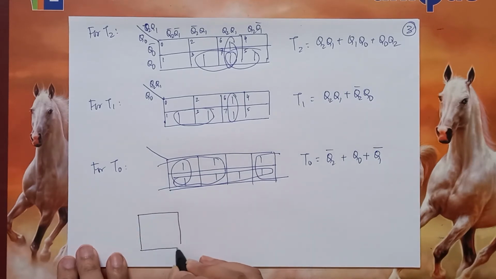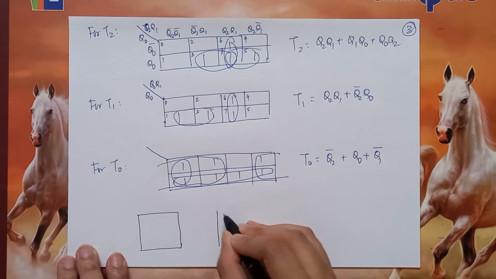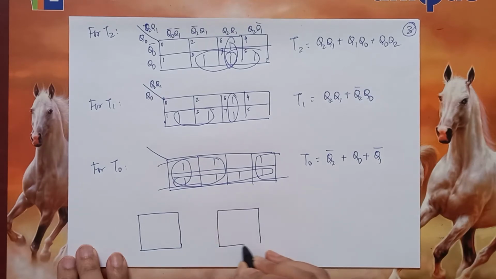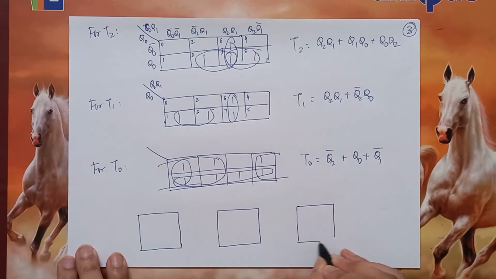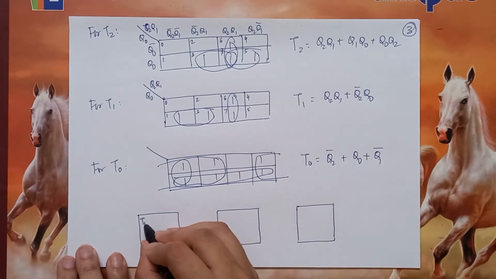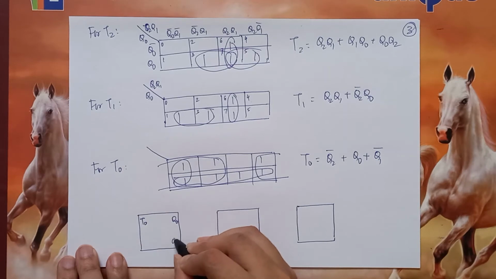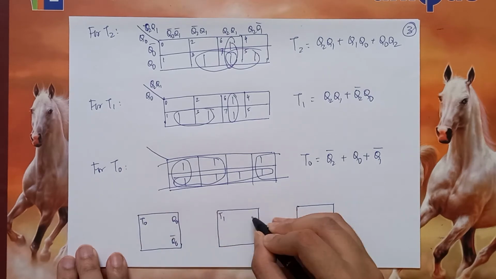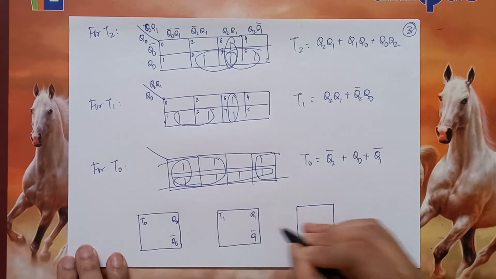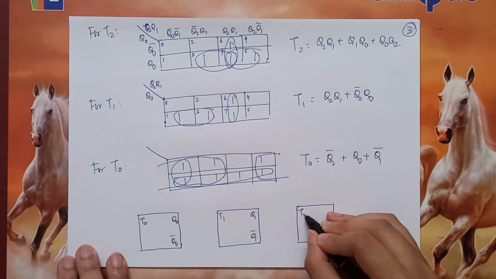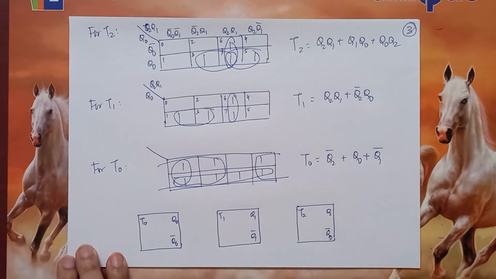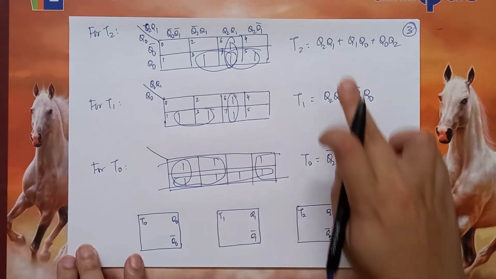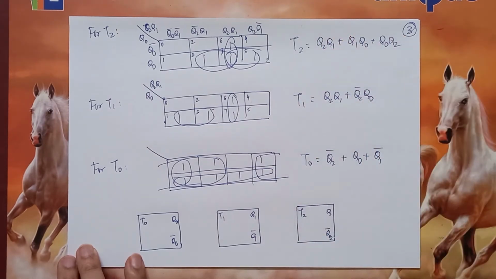Suppose we have these 3 flip-flops. So we see that T2 is a big function of Q2, Q1 and Q0.